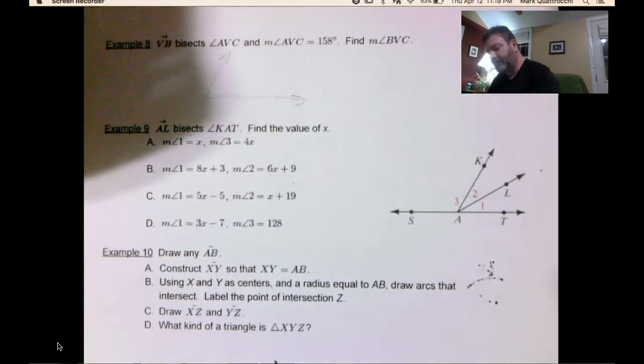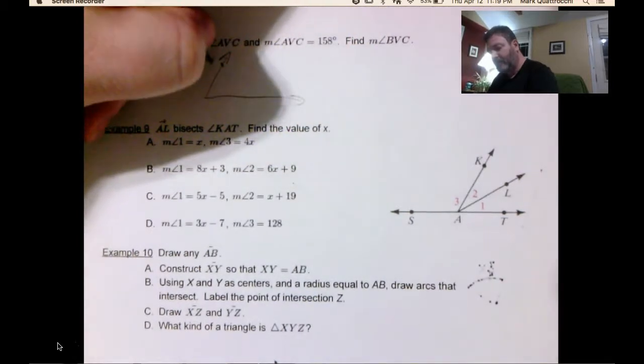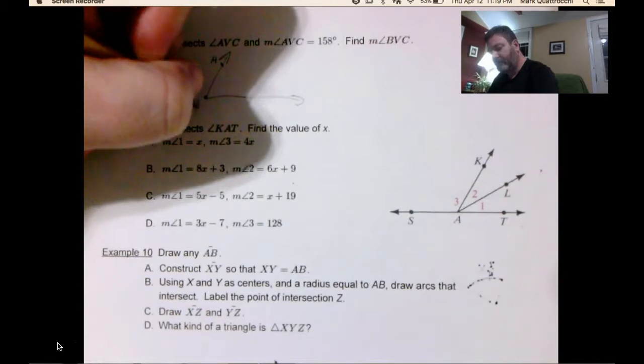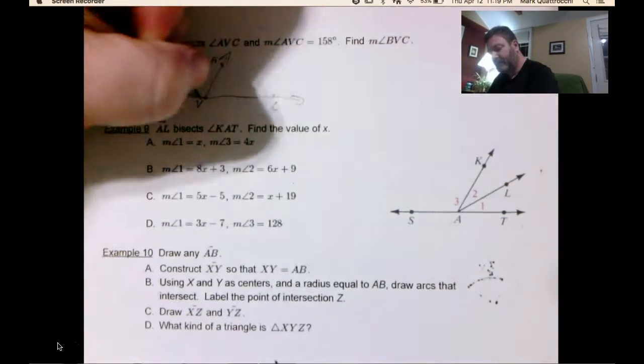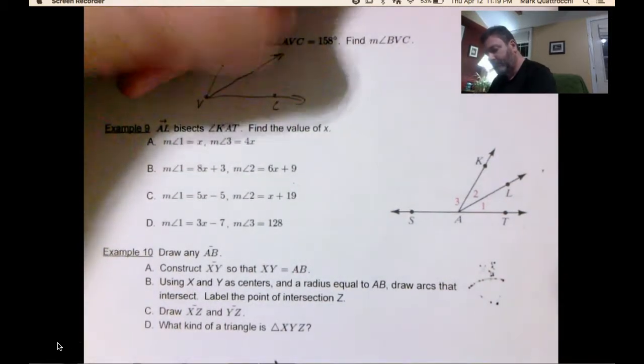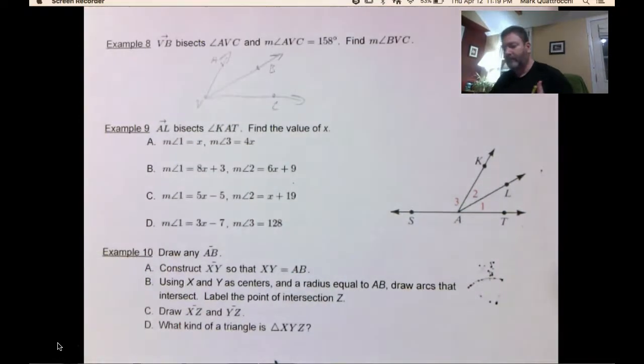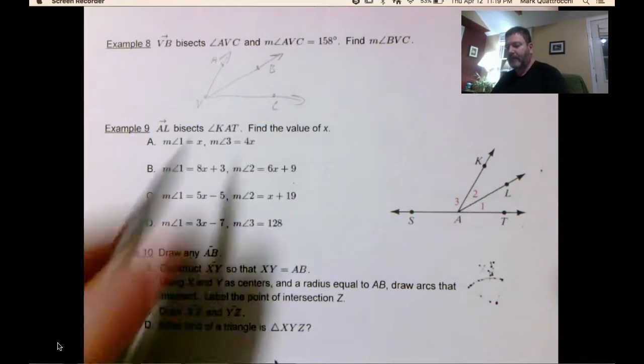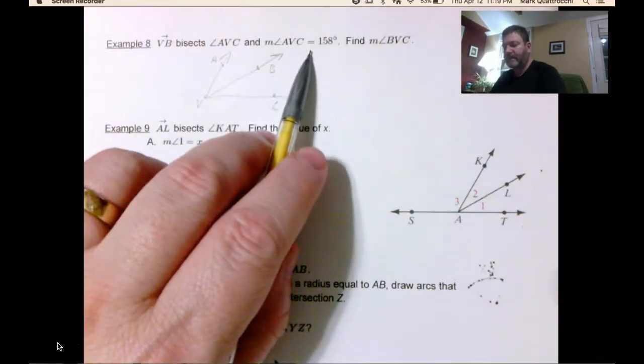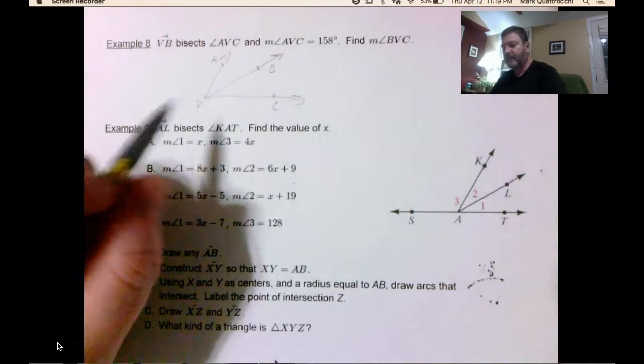Nothing fancy. Angle AVC. Angle bisector VB is in there. Angle AVC has a measure of 158 degrees.